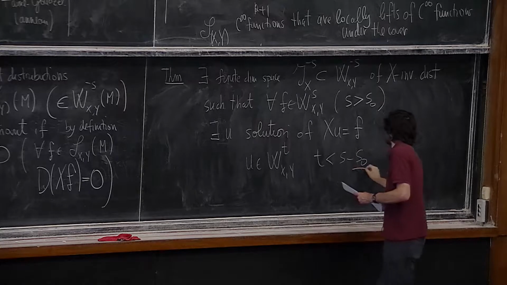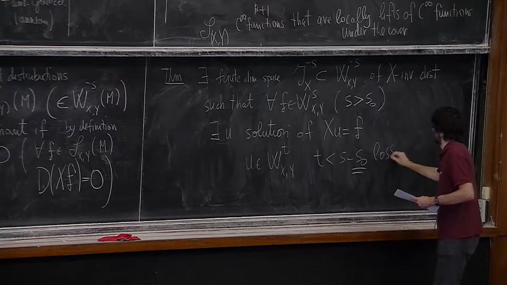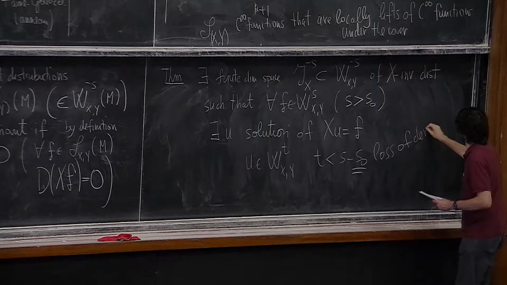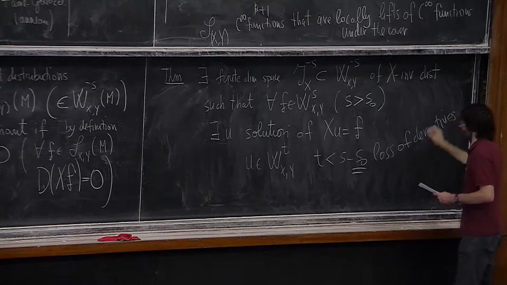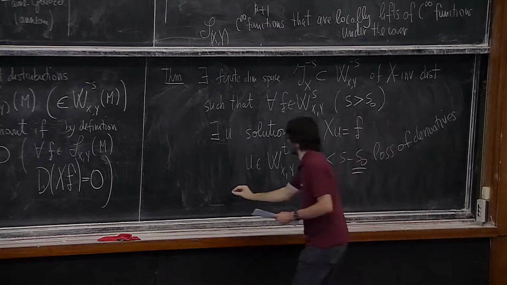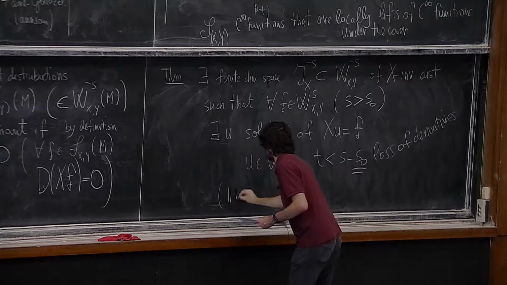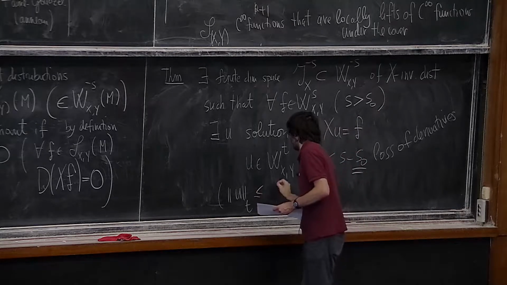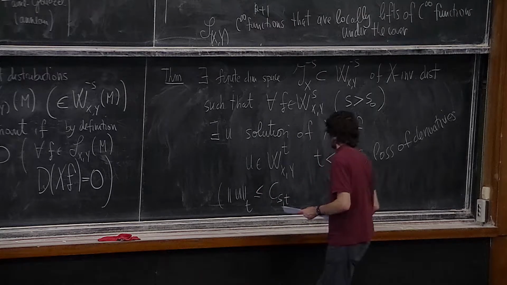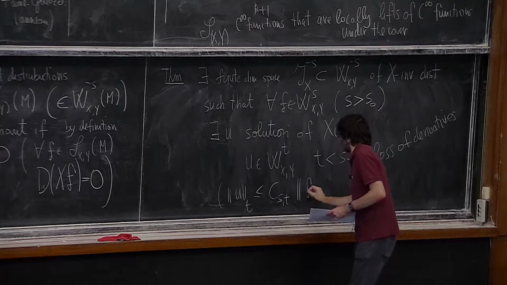So this S naught is the loss of derivatives. And also with some estimates: the T norm of U is going to be less than some constant that depends on S and T times the S norm of f.